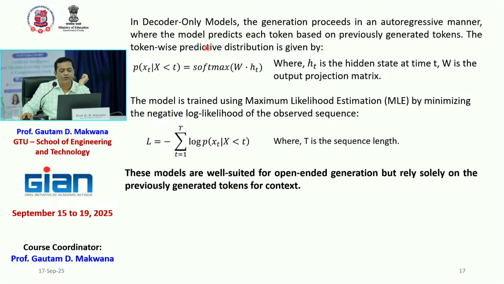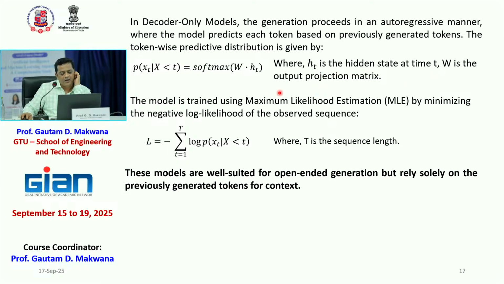In an auto-regressive model, the model predicts each token based on the previously generated tokens. The token-wise predictive distribution is given by this equation: the probability of x_t given x_{<t} is equal to the activation function softmax of W times h_t, where h_t is the hidden state at time t, and W is the output projection matrix.